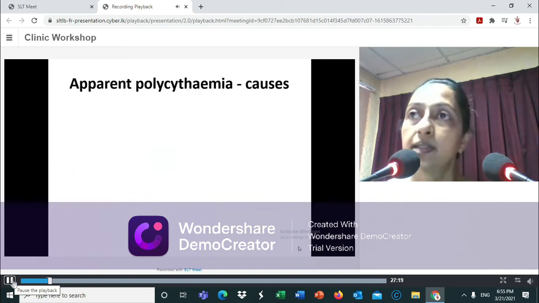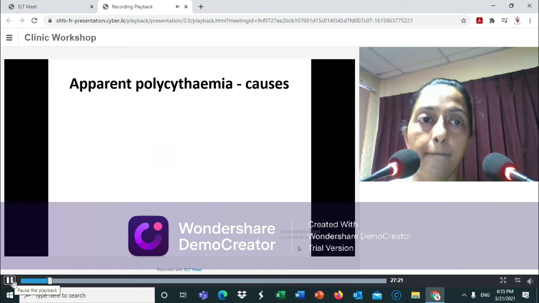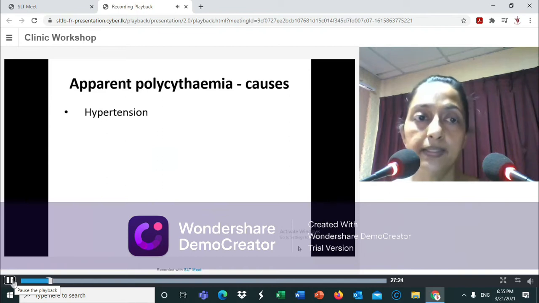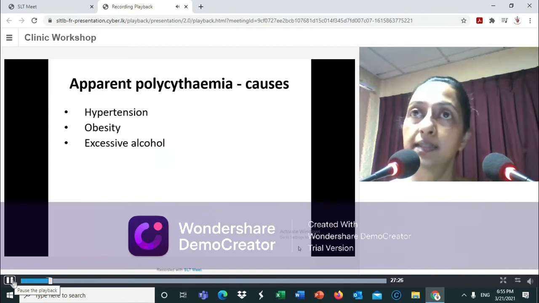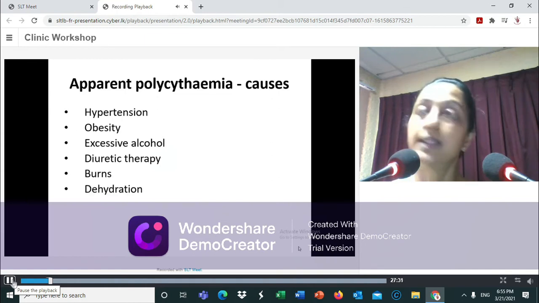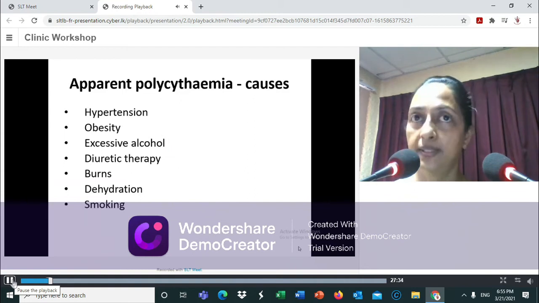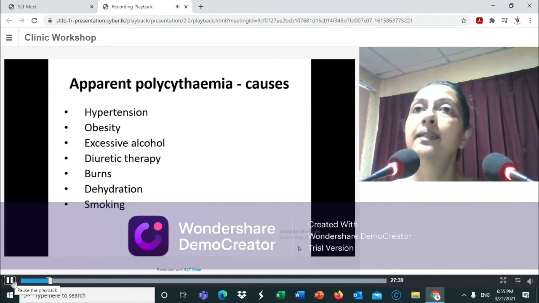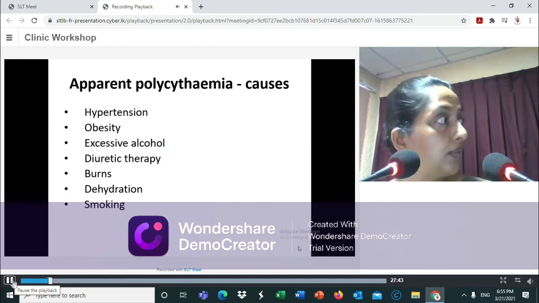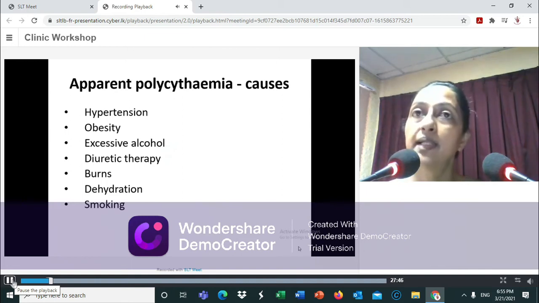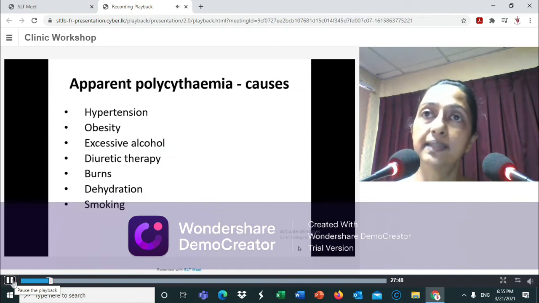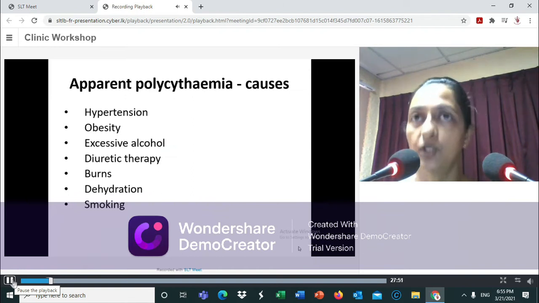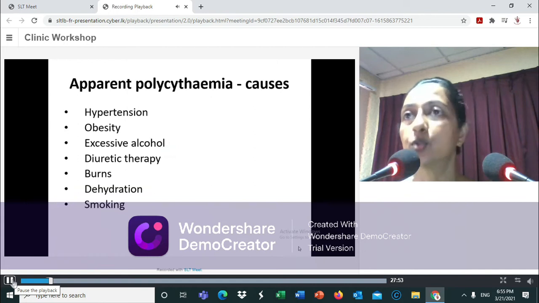So what are the causes for apparent polycythemia? The patient might have hypertension, obesity, excessive alcohol, diuretic therapy, burns, dehydration, and smoking. Remember, smoking can cause reduction in plasma volume and apparent polycythemia, and also smoking can cause an absolute increase in the red cell mass and true polycythemia.